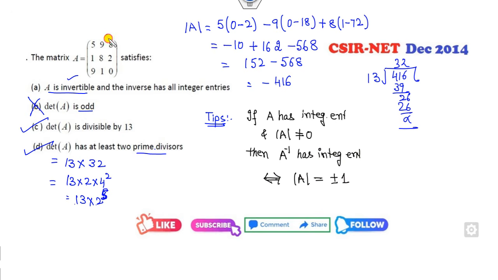Now you can see all these values are integers. This property is satisfied. Determinant of A is non-zero. This is also satisfied. Then A inverse has integer entries if and only if the determinant is plus minus 1. But this number is not plus minus 1. So this option is cancelled. C and D are the correct options.